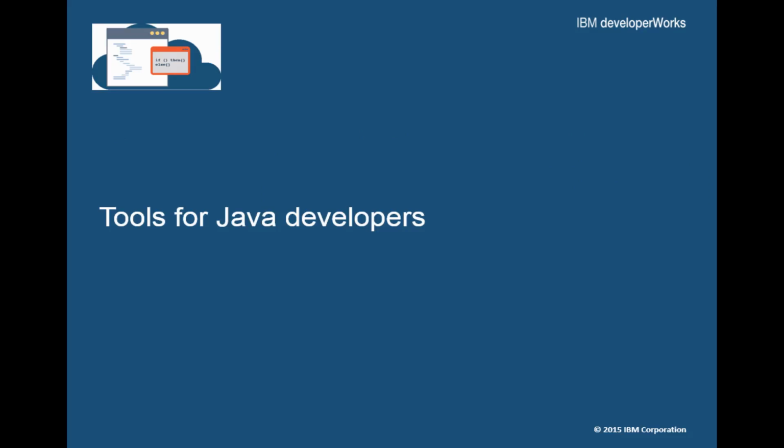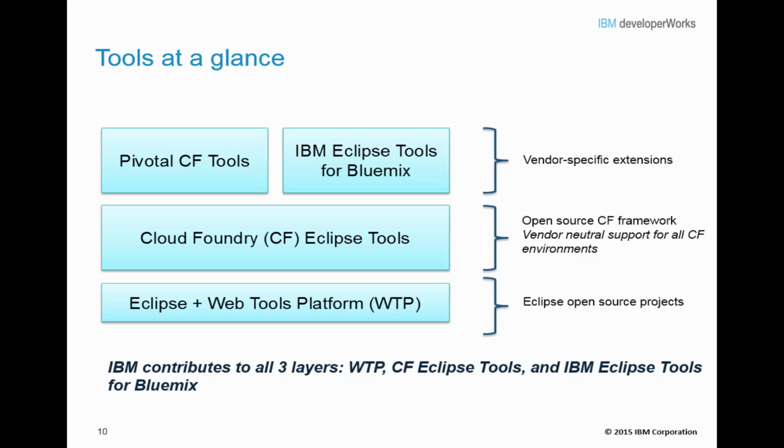Let's look at the Bluemix Eclipse plugin that enables developers using Eclipse IDE to develop, build, and debug, as well as deploy Java applications seamlessly to the cloud. IBM contributes to Eclipse and Web Tools platform.